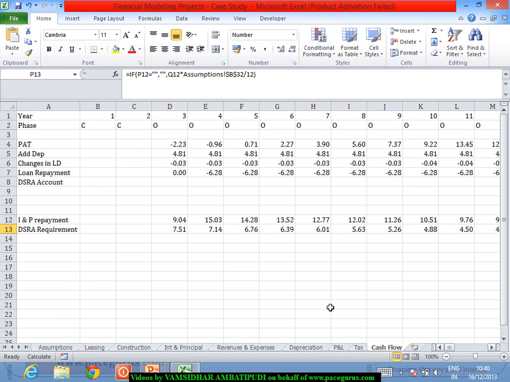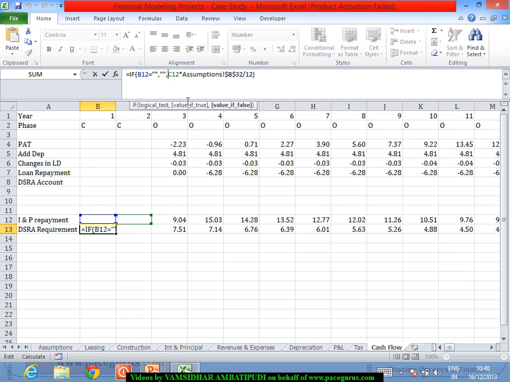So what I can very well do is, if this is blank, leave it as blank, otherwise, if the next one is blank, replace it with a 0, otherwise do the calculation straightforward.